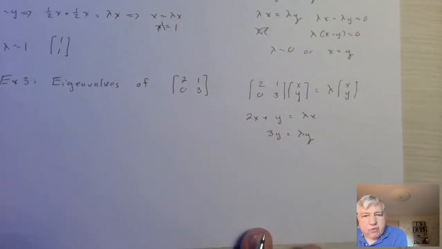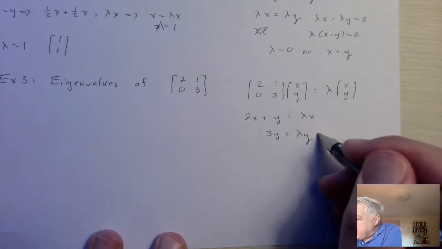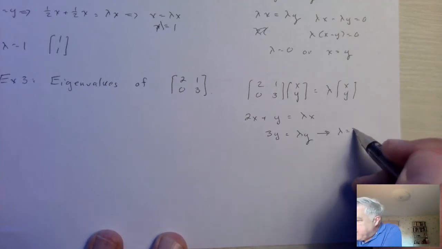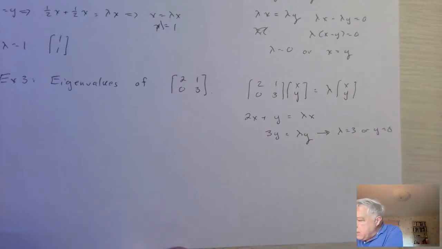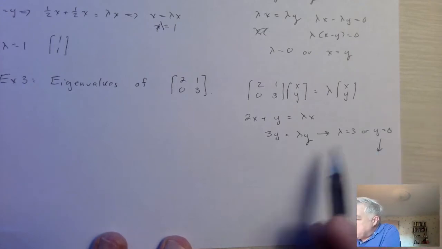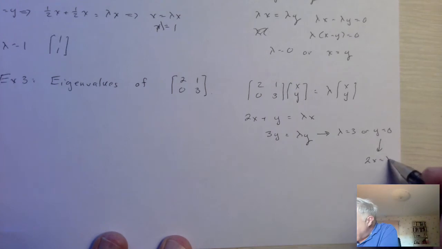And we can see right away from the second equation that either lambda equals 3 or y equals 0. If y equals 0, we can plug that back in here, and we get 2x equals lambda x.